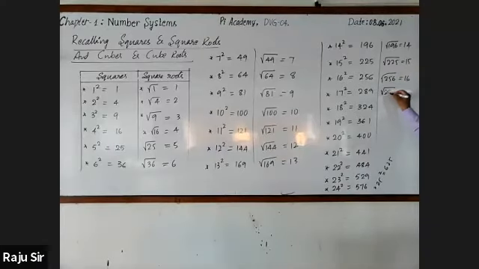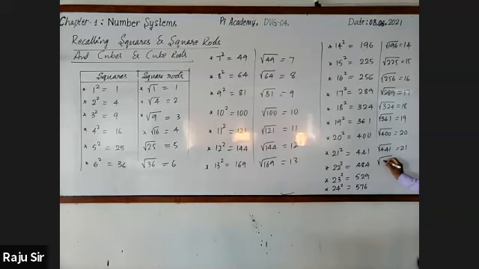The square root of 289 is 17. The square root of 324 is 18. The square root of 361 is 19. The square root of 400 is 20. The square root of 441 is 21.